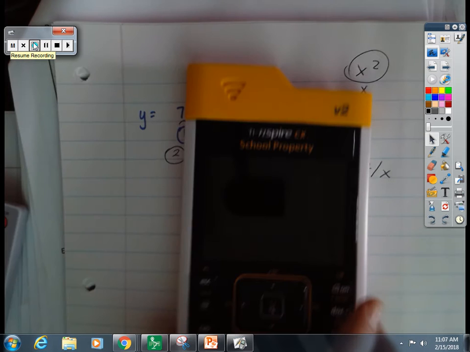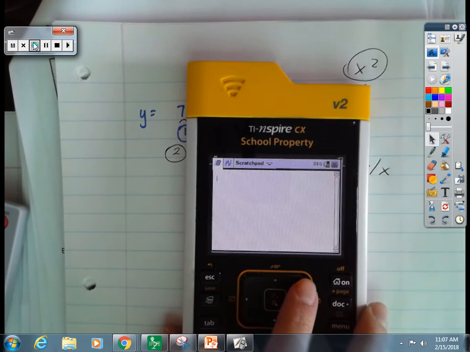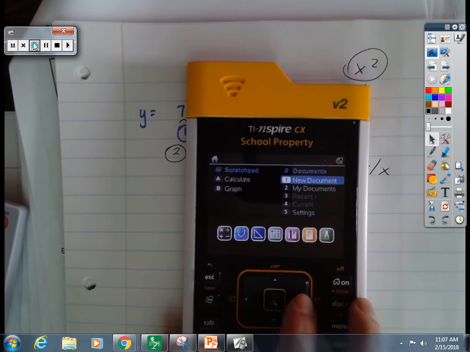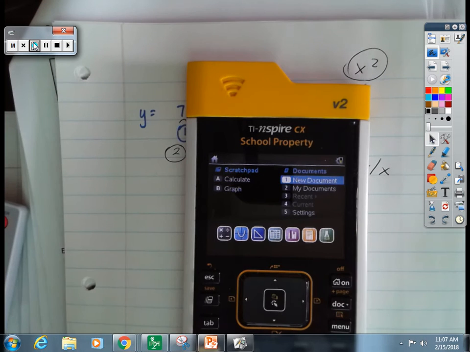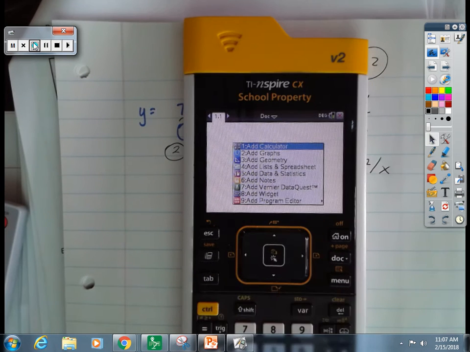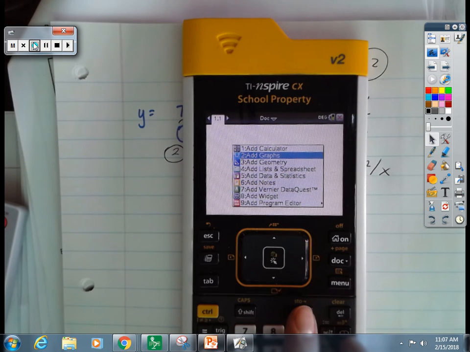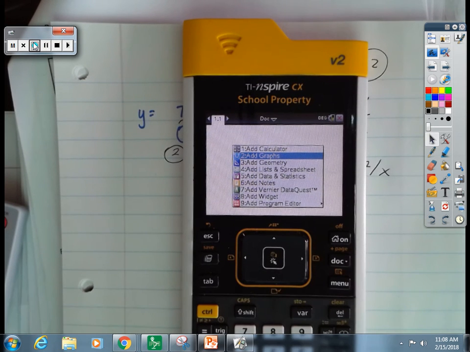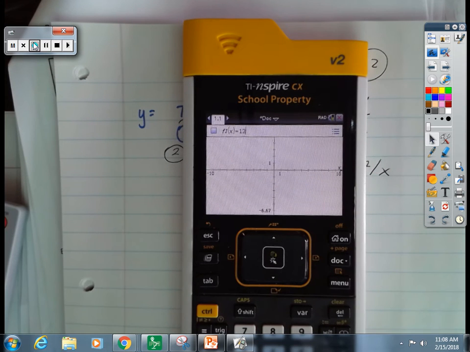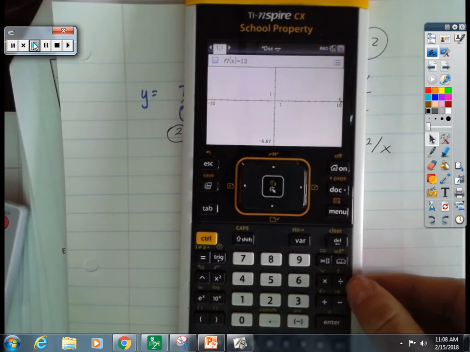So now, go get your calculator, go to new document. Now, if you can make a list of factors without the calculator, do that. But if you're not so sure, use the calculator. Go to graphs. Number 2, graphs. And you're going to type in 12 divided by.